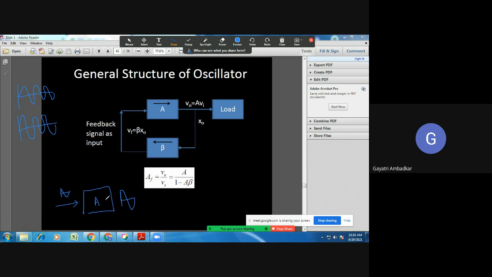But an oscillator will give you a continuous waveform. It may give you a sinusoidal, square or triangular wave, depending on the type of oscillator. Sinusoidal oscillators provide oscillations with constant amplitude, and you don't have to give any input signal, unlike an amplifier. Whatever DC voltage you provide as power supply for its operation becomes the input.